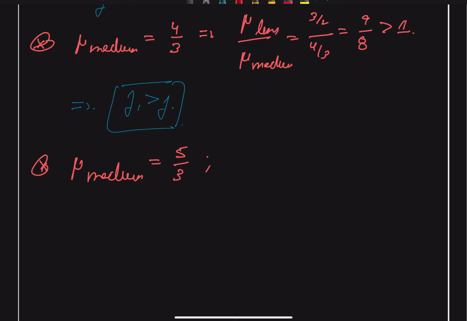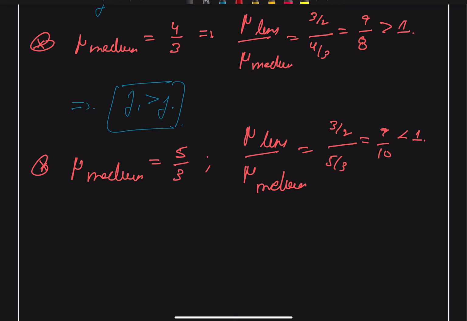So once again we can write that our mu lens upon mu medium will be equal to 3 by 2 divided by 5 by 3, giving us 9 by 10, which is less than 1.